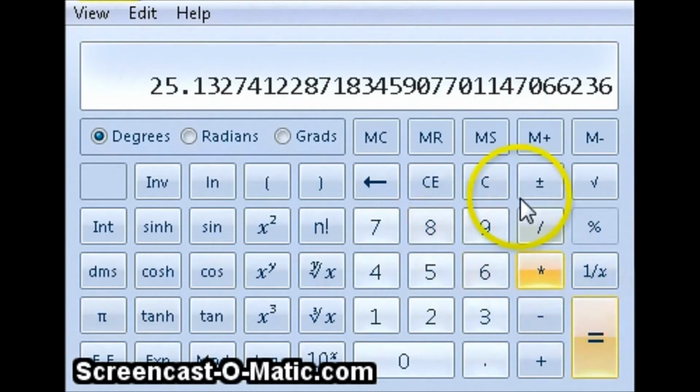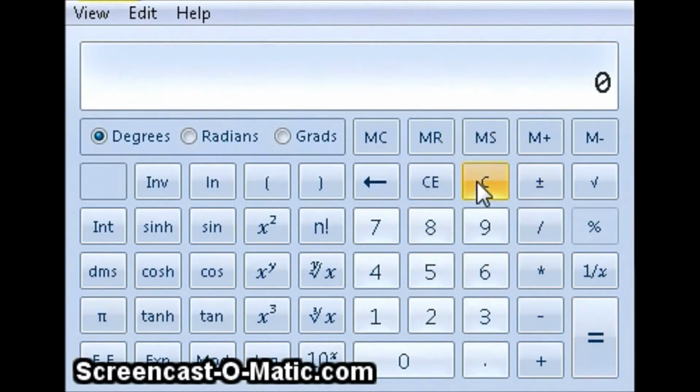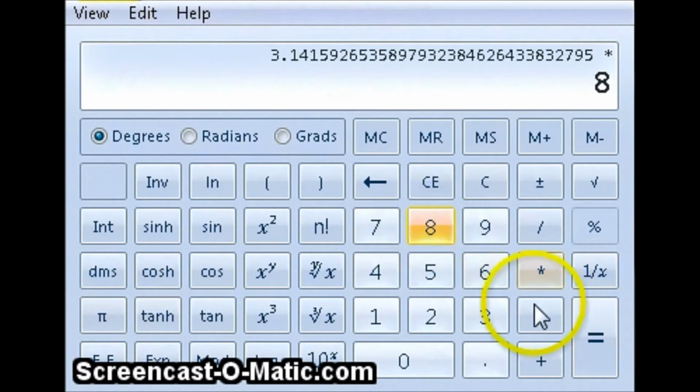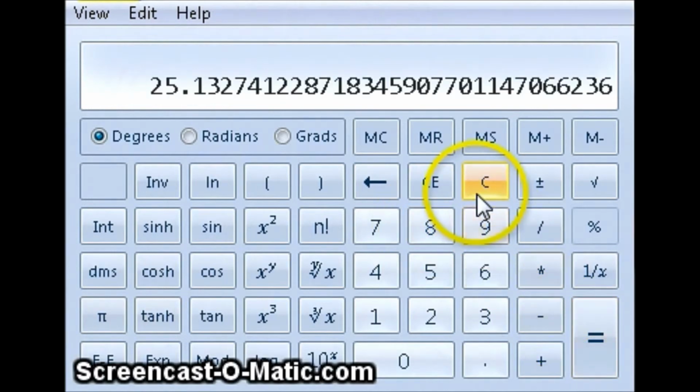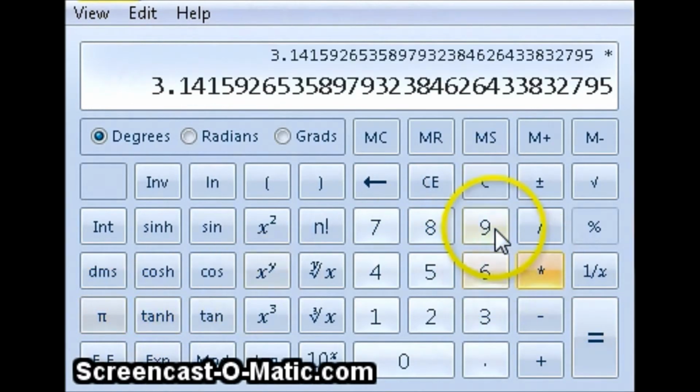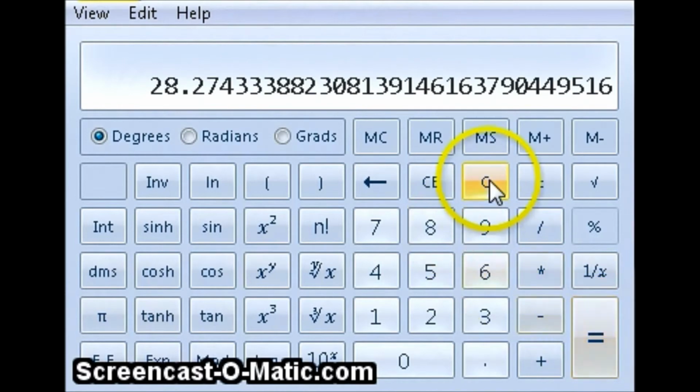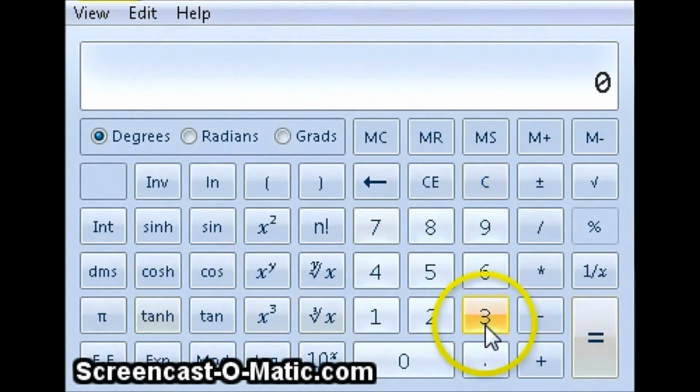Times 8, 25.12. Okay. What basically would be is 3.14 times 3, 9.42.